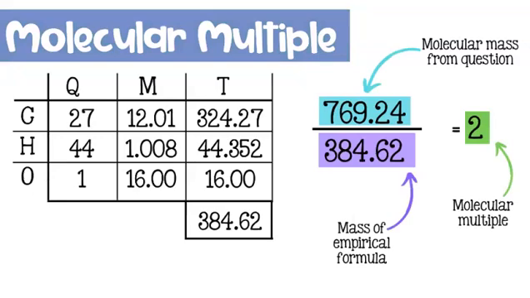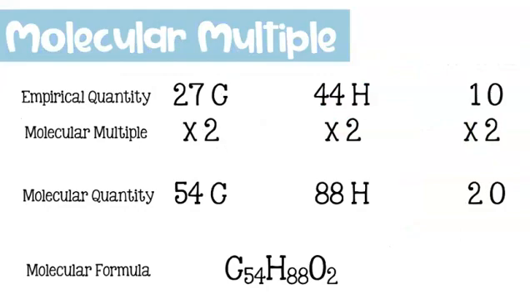Since our question says the molecular formula has a mass of 769.24, we can then divide that by the empirical formula mass to figure out what we need to multiply by, in this case 2. So once we multiply it, we get 54 carbons, 88 hydrogens, and 2 oxygens for a molecular formula of C54H88O2.